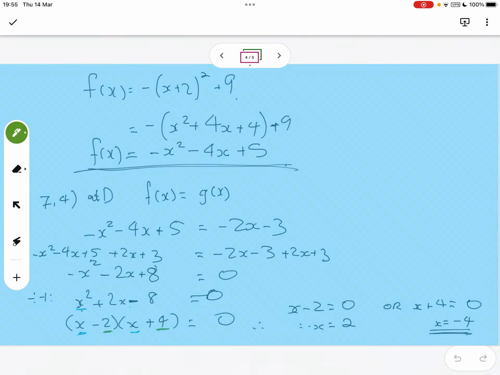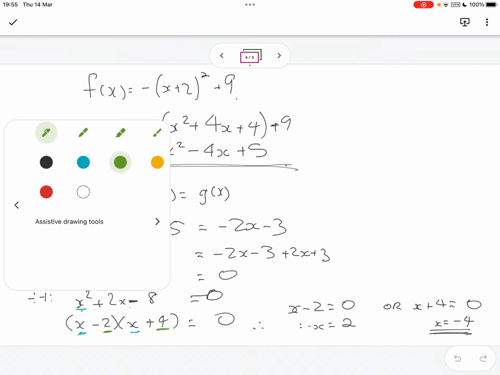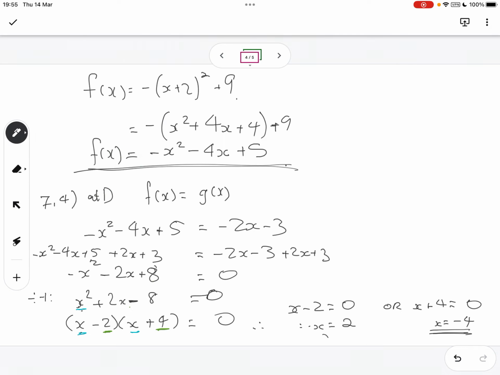And it's that which confirms it, because the x value there is -4. So now we can conclude that the x value for point D is -2. Positive 2 is for something else, so the x value for that point is positive 2.